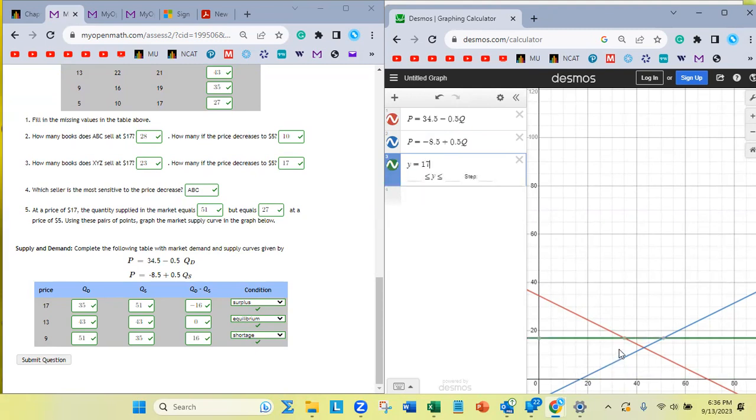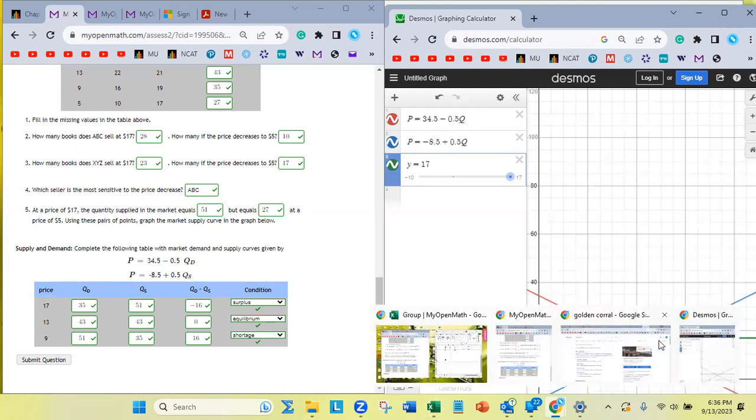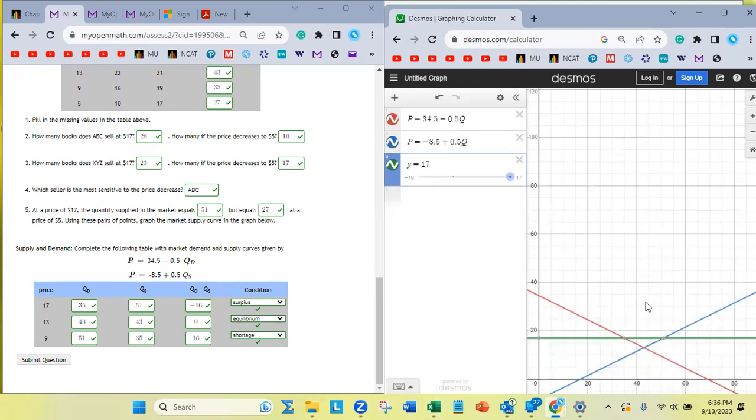It'll graph a horizontal line. If y is 17, what is quantity demanded? Well, that's 35, right? What's quantity supplied? Well, that's 51. When the price is 17, the quantity supplied is 51.